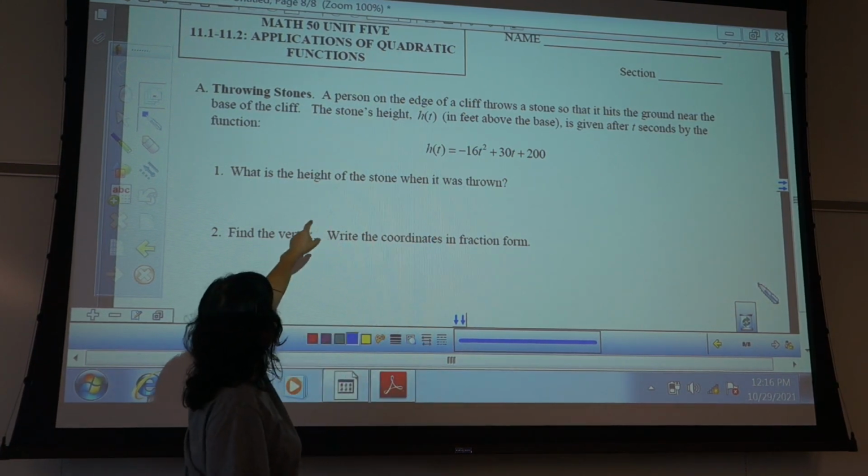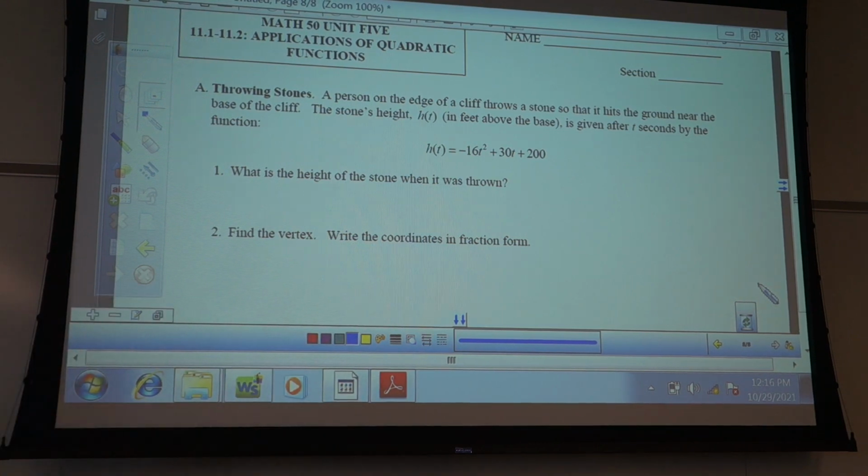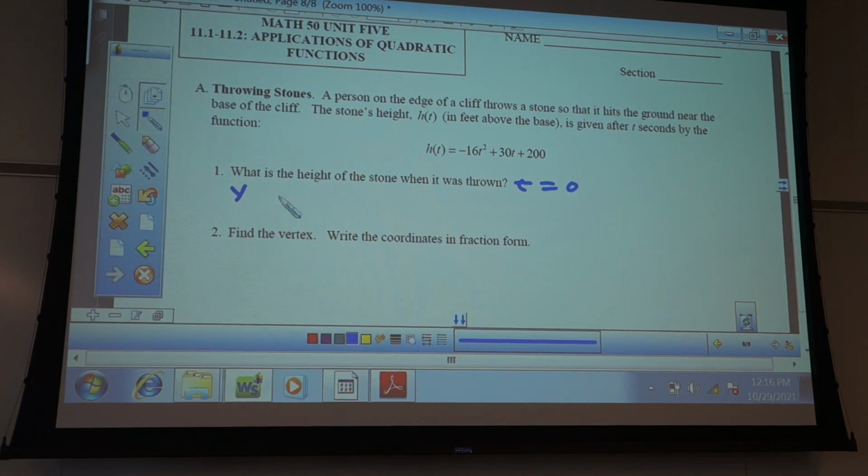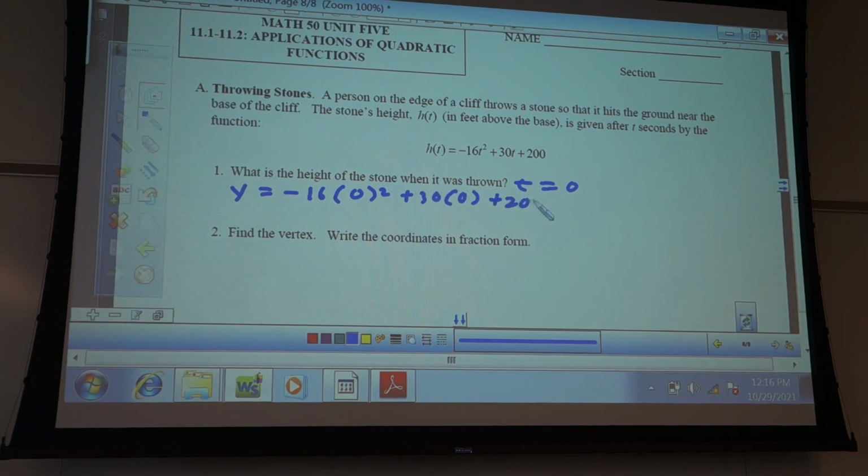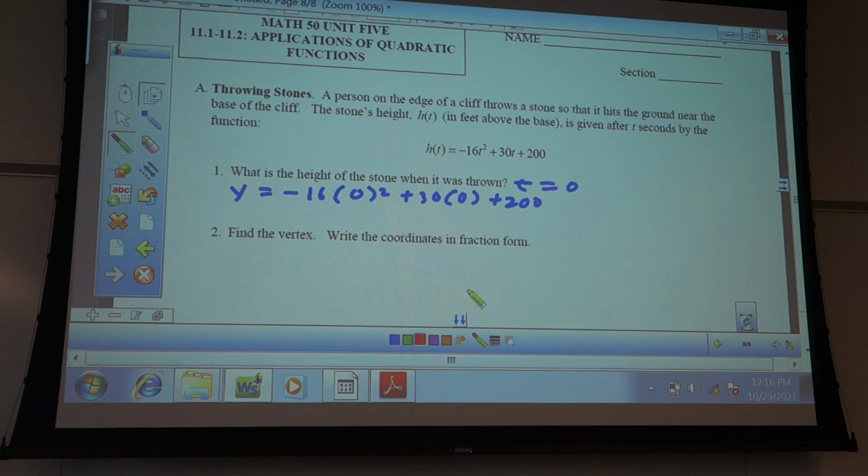So we're going to put in 0 for t. T equals 0. Then my height will be negative 16 times 0 squared, plus 30 times 0, plus 200. But anything multiplied by 0 is just 0, so those go away.